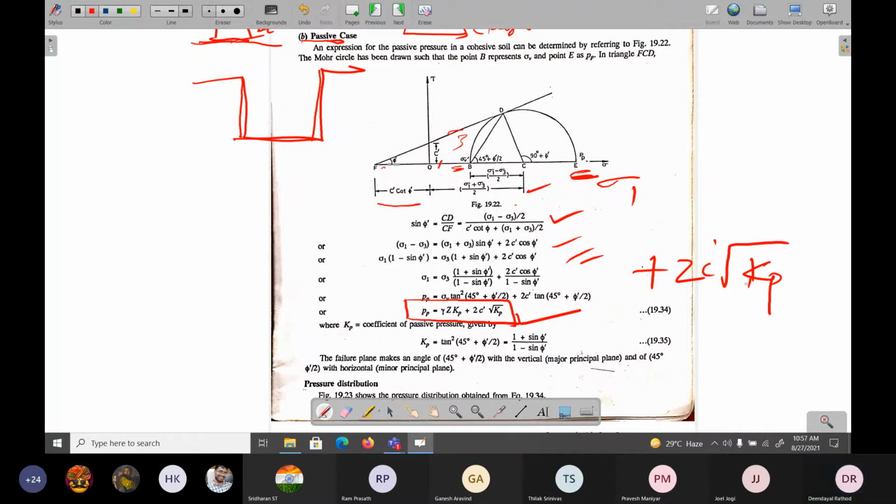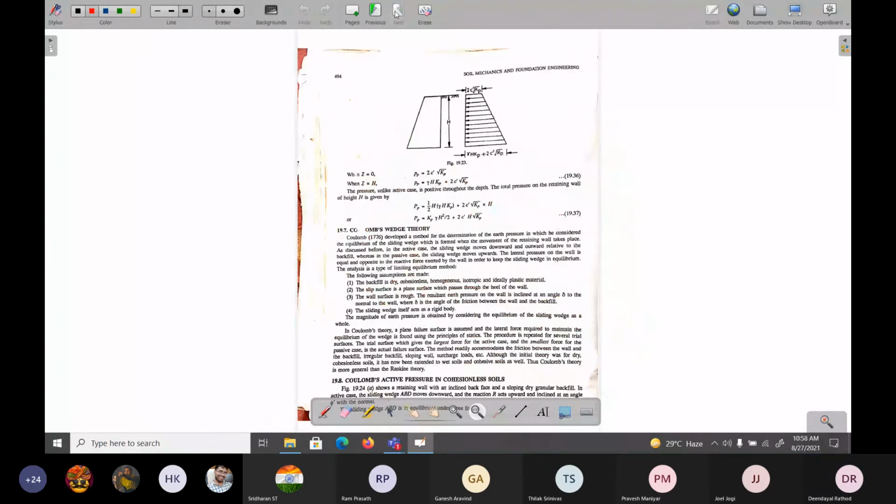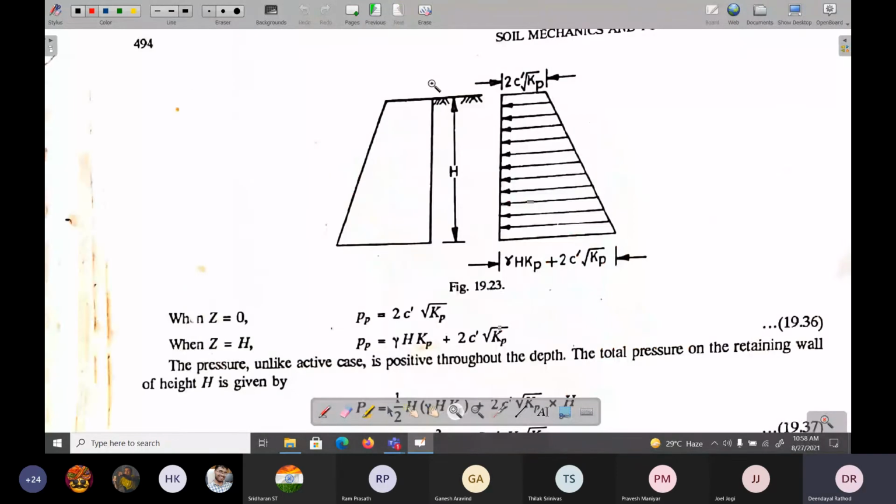How would the pressure distribution be? Just we'll see. So this is the pressure distribution. Plus 2C root KP, okay. Then, and these terms.